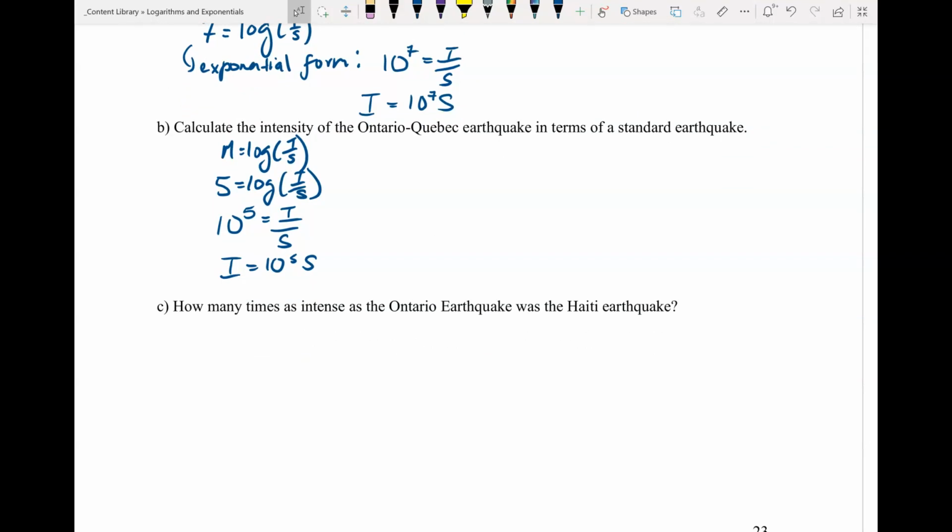Now I want to know how many times as intense as the Ontario earthquake was the Haiti earthquake. We're going to do that comparison by the following. The intensity of the Haiti earthquake divided by the intensity of our Ontario earthquake.